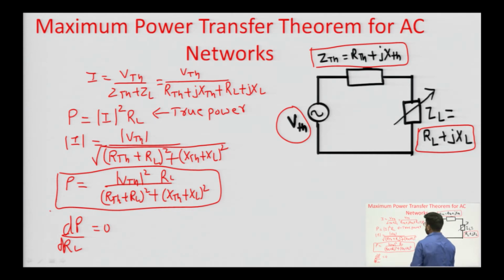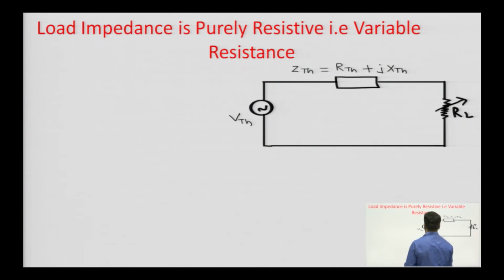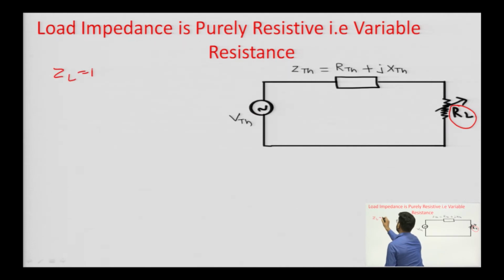Now, we have 3 different cases in the case of an AC network. The first one is when the load impedance is purely resistive. In this case we have only RL at the load; we do not have any imaginary term or reactance at the load. So, ZL will be equal to RL only and XL will be equal to 0.